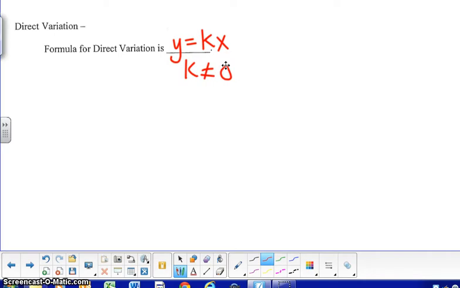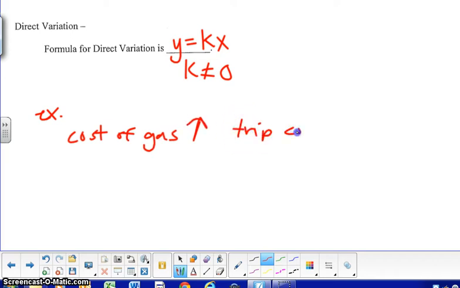Direct variation is when you have a cost of something, and then it has an effect on something else. For example, if you went on a trip, the cost of gas, if it goes up, then the trip cost, if you're trying to make budget, that's also going to go up. This is a direct variation because both of them are going to go up.